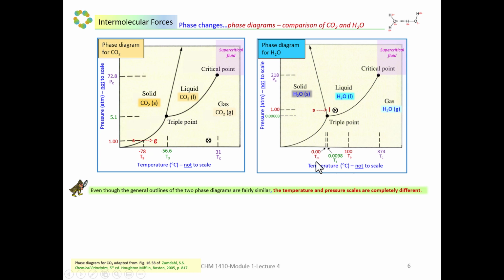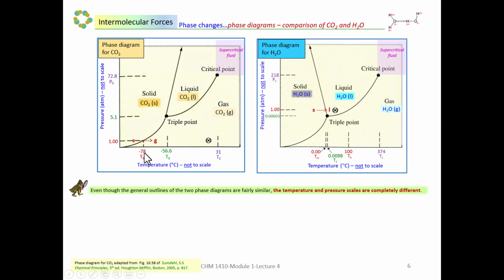But there's something else that's drastically different about these two diagrams, and it's that the temperature and pressure scales are completely different. And what I mean by that is that the temperature scales, the temperature in degrees C, the temperature ranges are much different for water. The middle of the x-axis is 0 to 374.